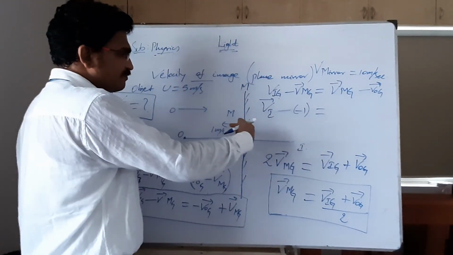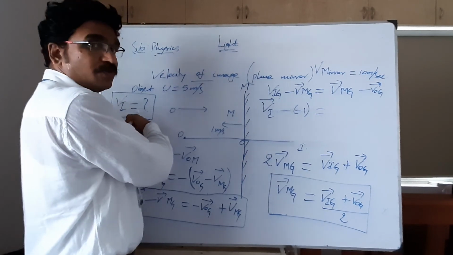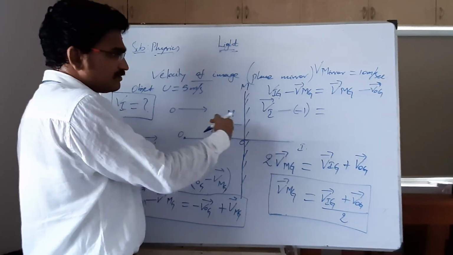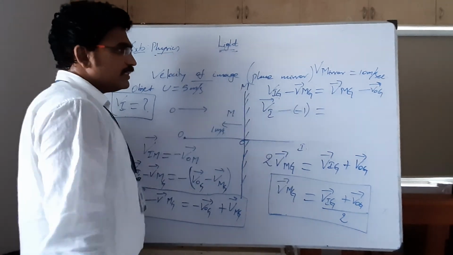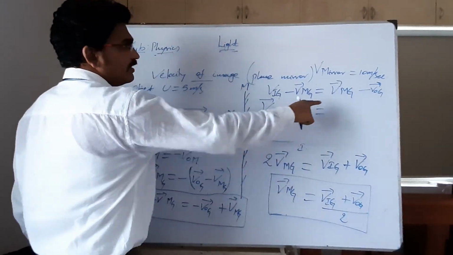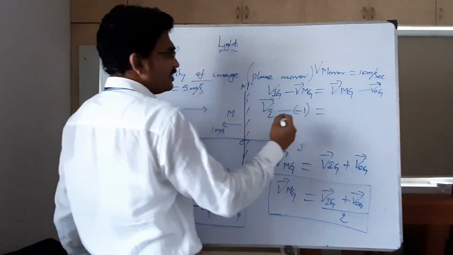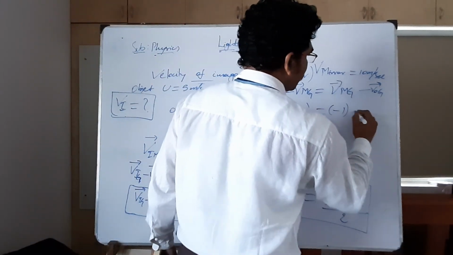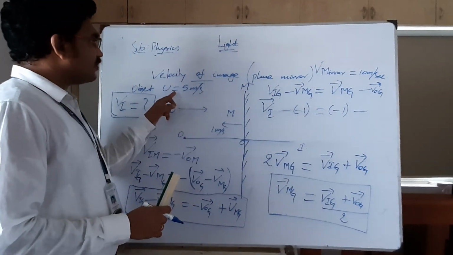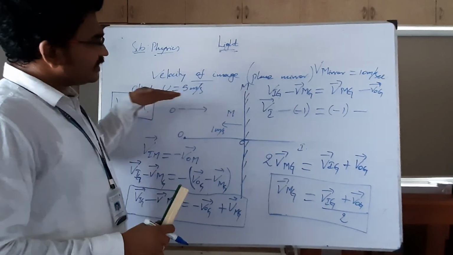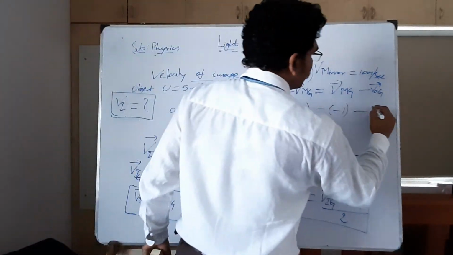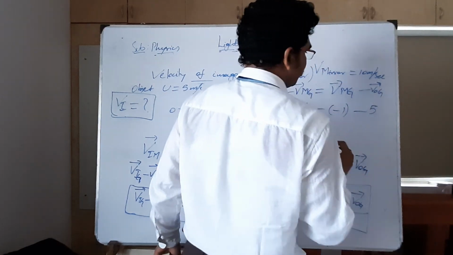Again, here also velocity of mirror, again it is moving in this direction, minus 1. What is velocity of object? Object is moving 5 meter per second towards right. So it is going to be 5.